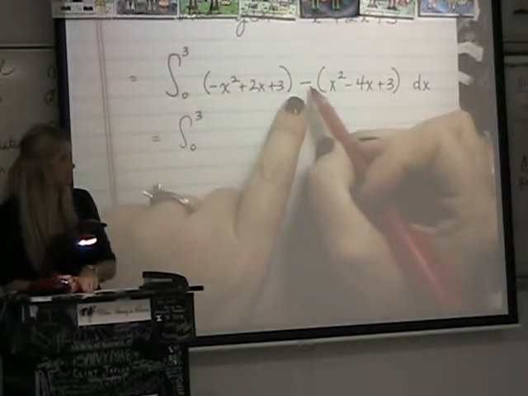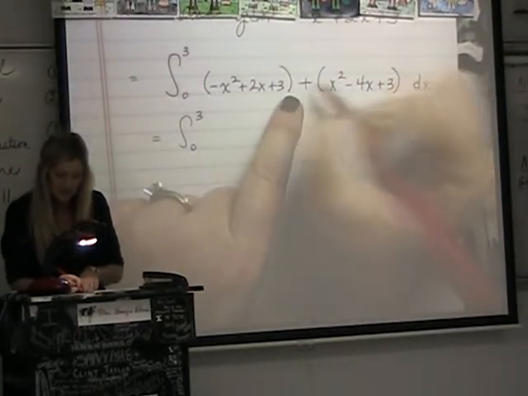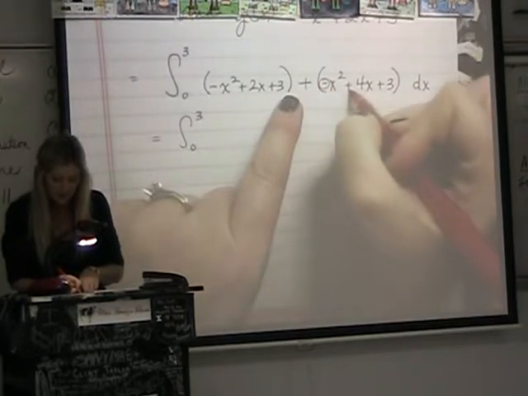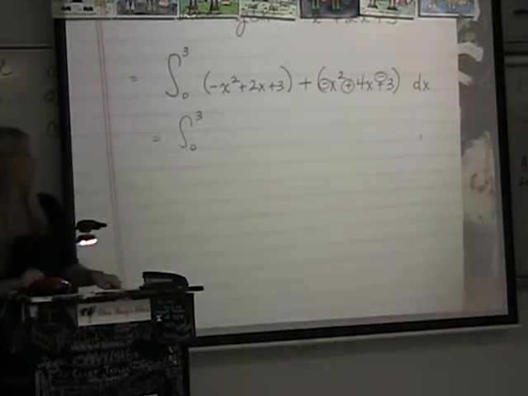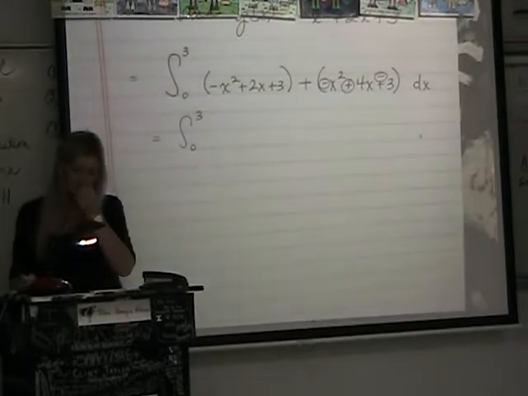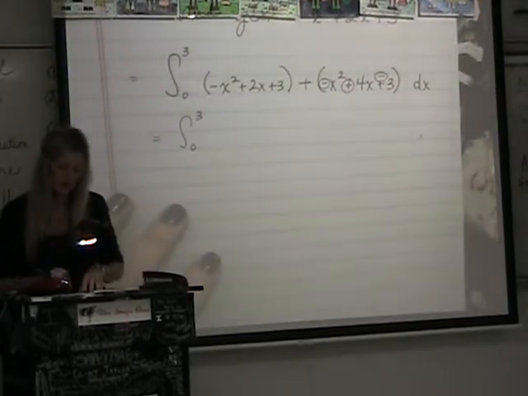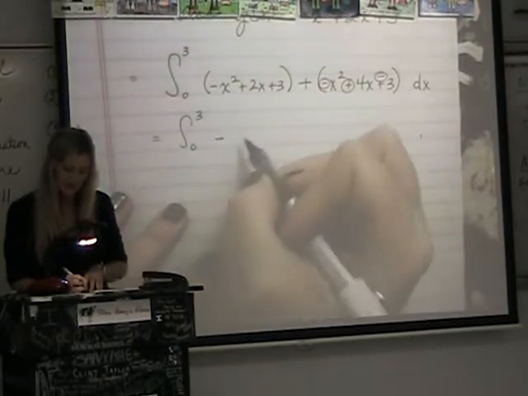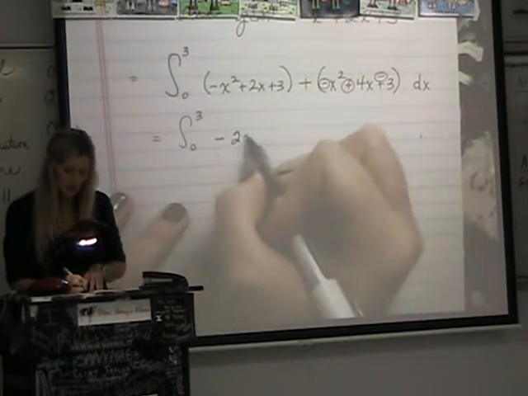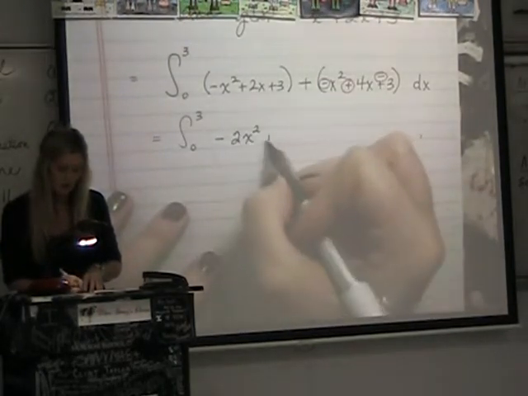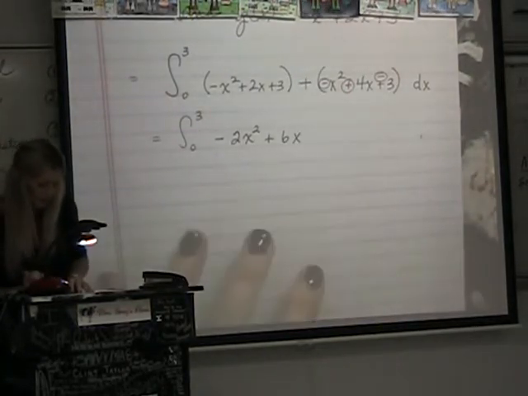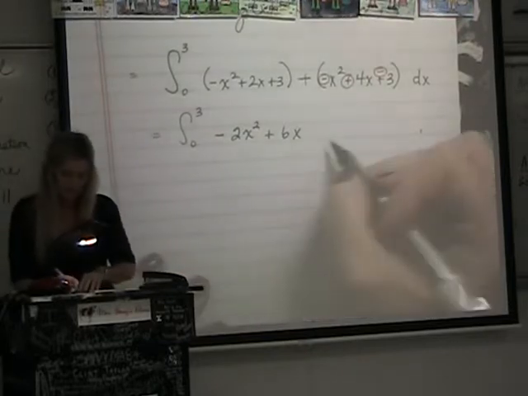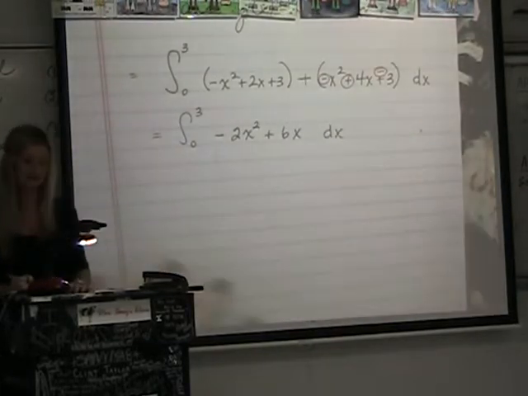If I distribute the negative to the second parenthesis, and when I combine like terms, I get negative 2x squared plus 6x, and I think my 3's cancel, yeah. Okay. And that's with respect to x.